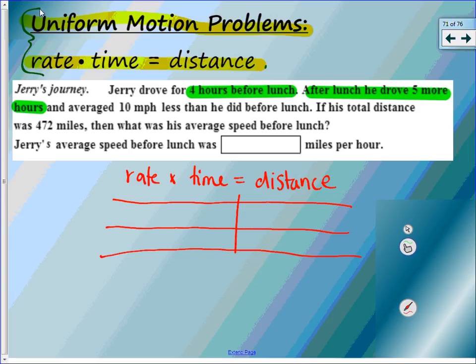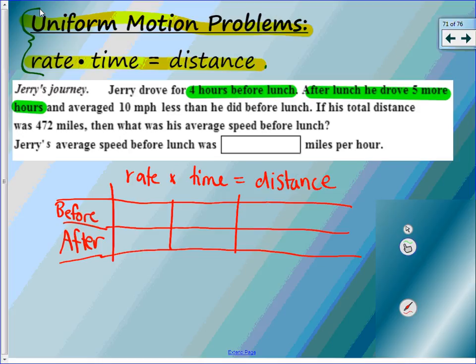The first row is going to be the first set of circumstances. So in this case, the first set of circumstances is what's happening before lunch. And then we have after lunch.